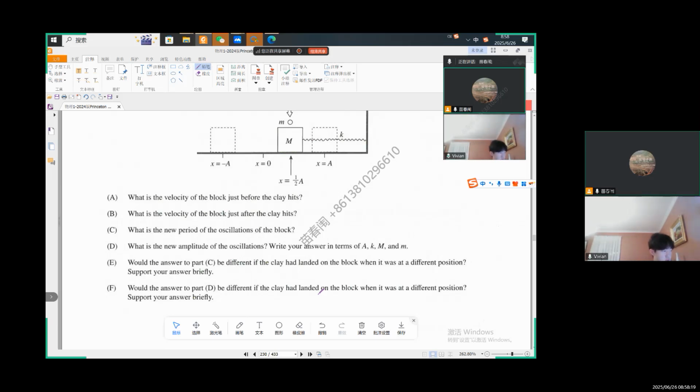You can make an example about this, if the clay had landed on the block in a different position. Oh wait, yeah, because if you put more mass on it, then it has to move more mass and it'll be smaller. That's for the amplitude.